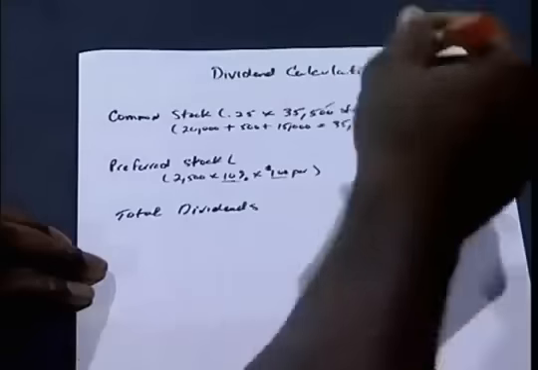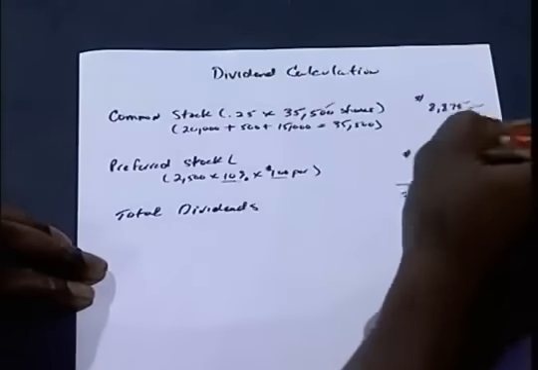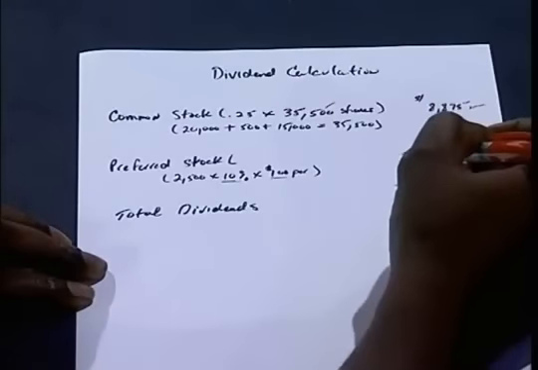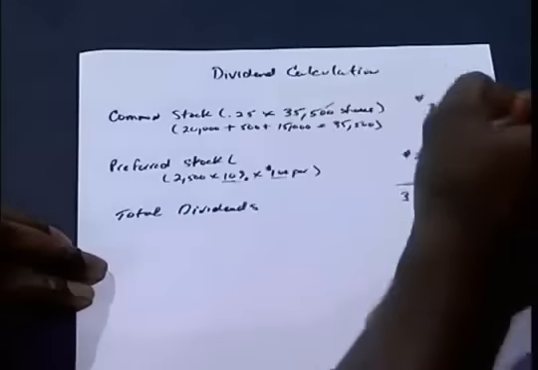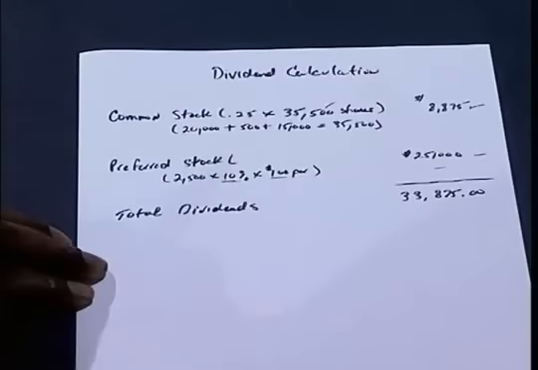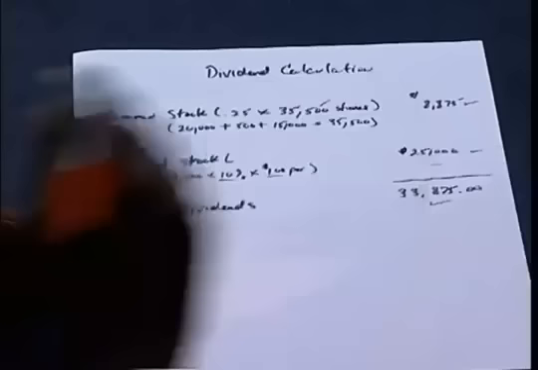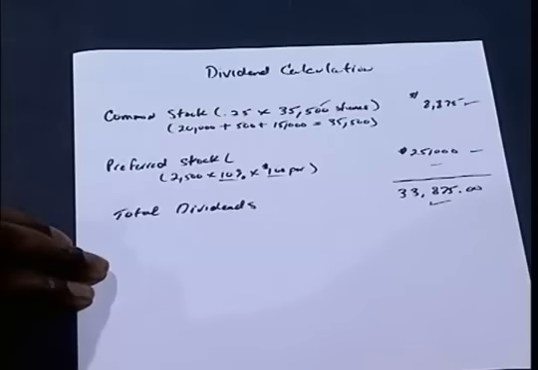Of course, if we didn't have enough money to pay preferred, preferred would be the only one that would be getting dividends. But in this case, we can pay common and preferred. So the total dividends came up to $33,875.